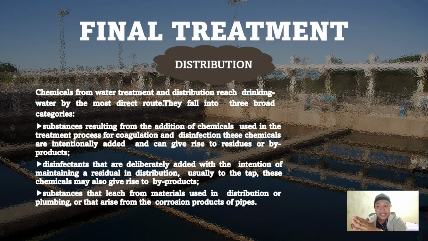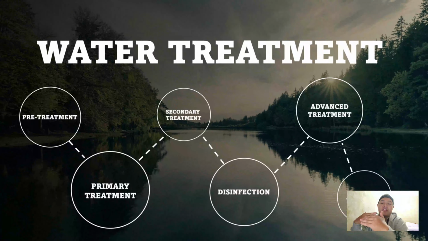The second, disinfectants that are deliberately added with the intention of maintaining a residual in distribution, usually to the tap. And the third one is substances that leach from materials used in distribution or plumbing, or that arise from the corrosion products of pipes. So that's the overall process in water treatment.